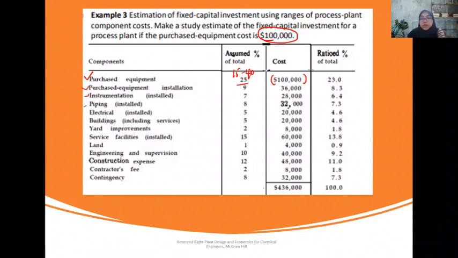So the total is the fixed capital cost. So we can obtain this value, and then you may calculate the rationale by considering 100,000 over 436 to get the rational percentage.